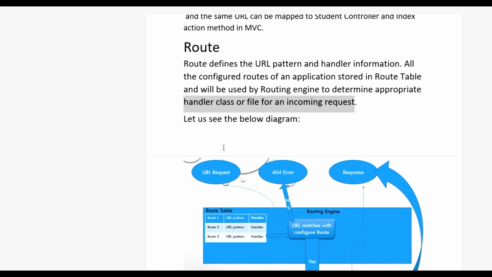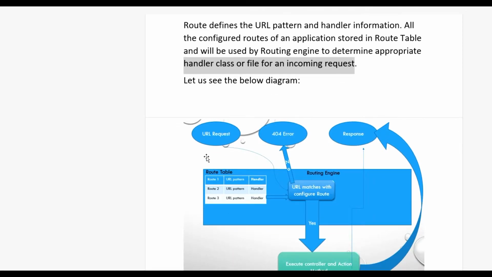See the diagram. If we give a URL request, this is the routing engine. The URL is matched with the configured routes from the route table. If it does not match, then we get a 404 error.